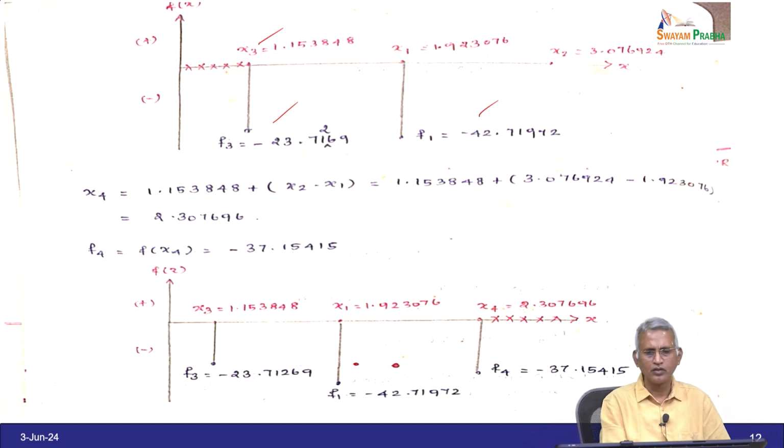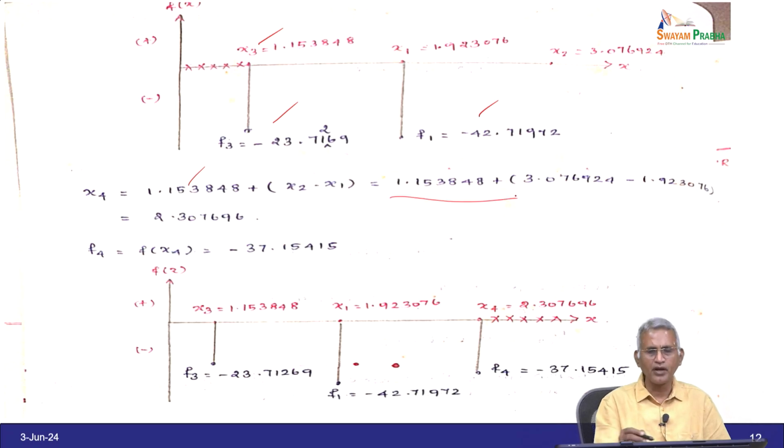So, we have to take the values of the interval 1.15 to 5. So, 1.1538 is initial plus x2 minus x1. So, x2 is 3.0769 minus x1 is 1.923.